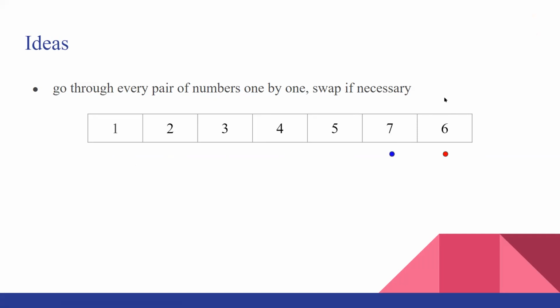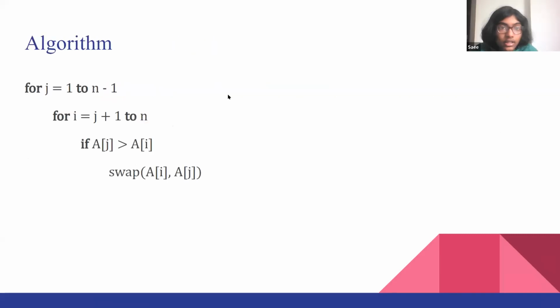Yes. If this array had n numbers, then when would J stop? J would stop when it reached n minus 1, right? Yes. Does that make sense? Awesome. So that is exactly what I'm going to write here for J going from 1 to n minus 1.